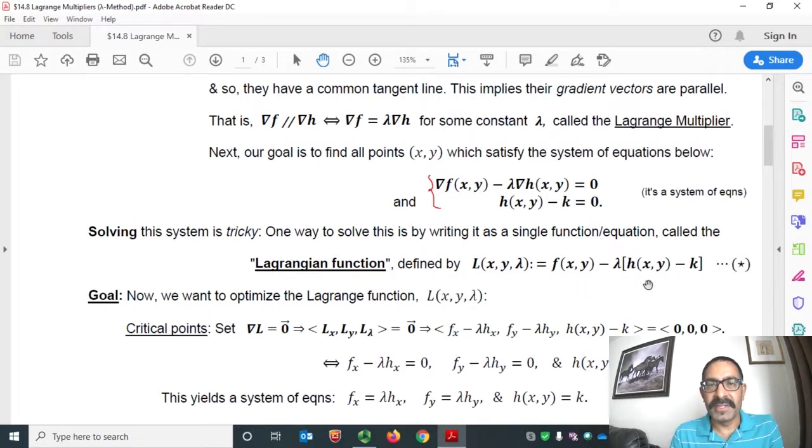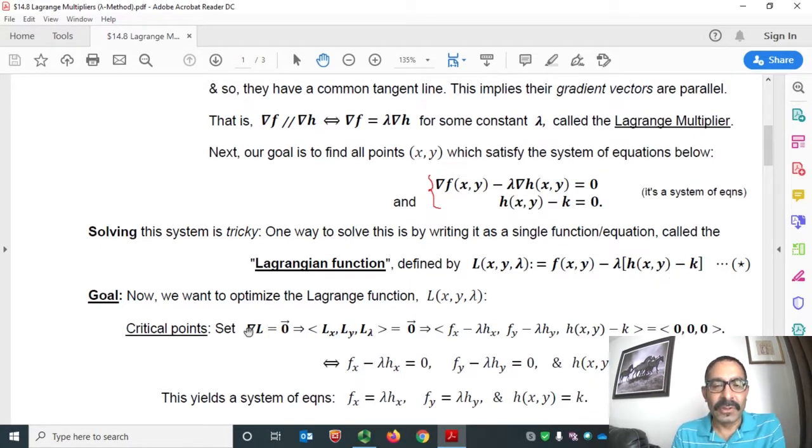Sometimes people make a mistake here. They write the constraint and then minus lambda times the objective function, but that doesn't work. So always define the Lagrangian function this way: objective function minus lambda times the constraint. I hope this makes sense to you all.